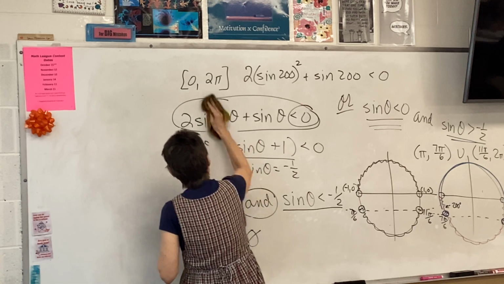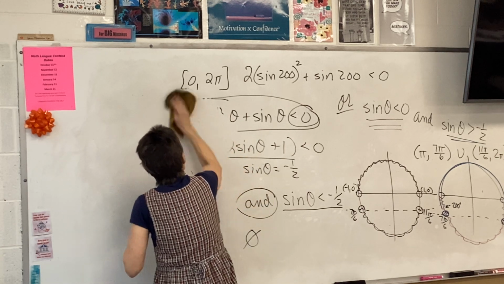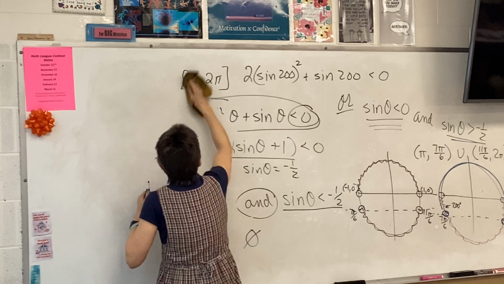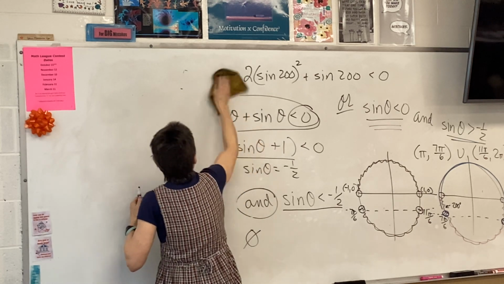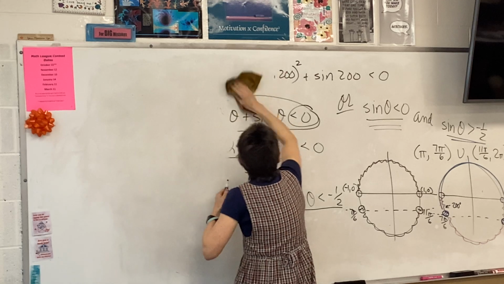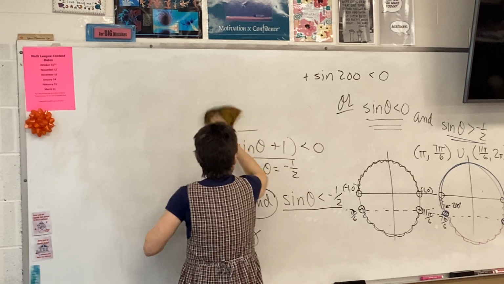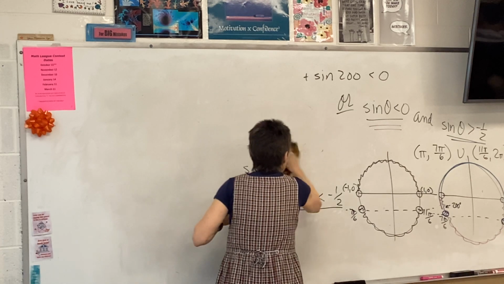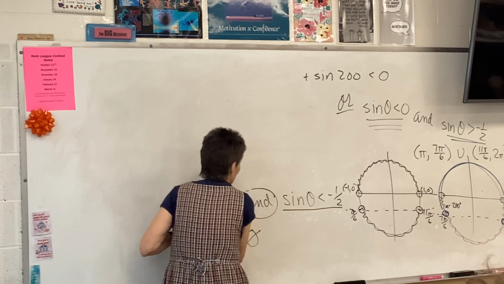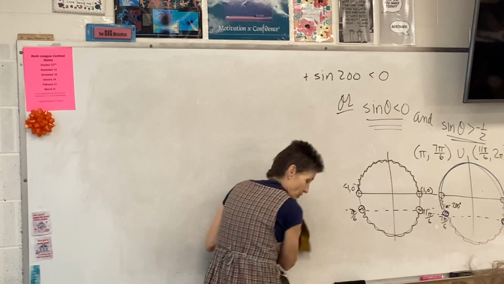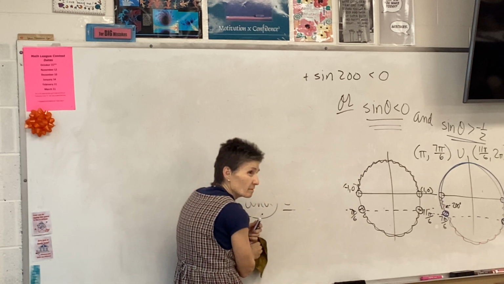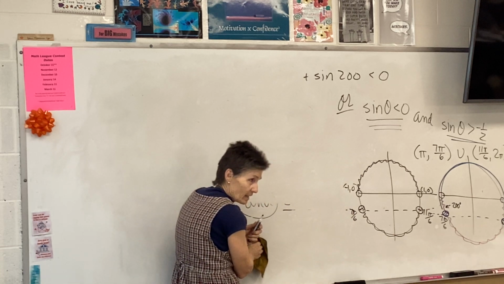Okay, now this one's a little bit different. What do you think is going to be your first step to that last problem? Add the 1. Look at it carefully. What kind of equation is that? Isn't that a quadratic?